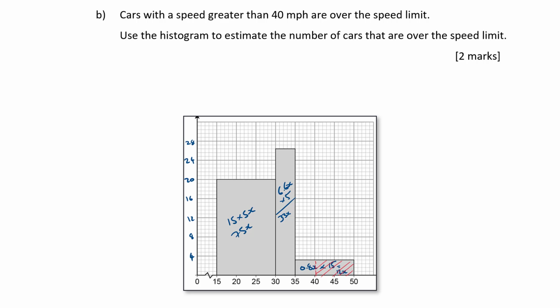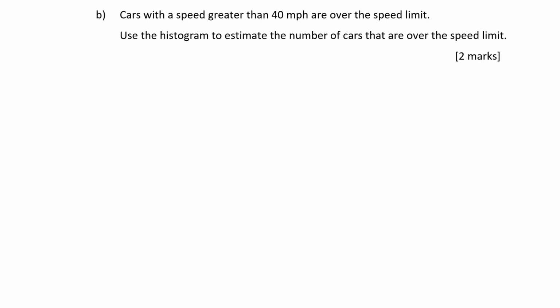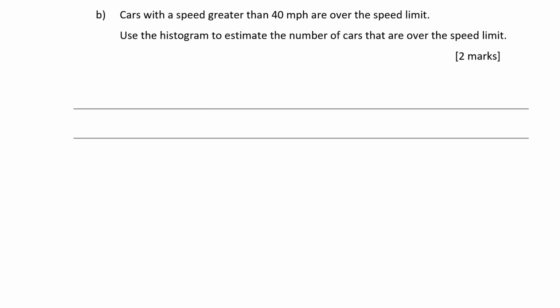I'm just going to leave it as 16 over 5 for now. So this is going to have a height of 16 over 5 and a base of 10. So its area is 16 over 5 times 10, which gives me 160 over 5. 5s into 160 go 32 times. So I'm going to estimate that there are 32 cars.